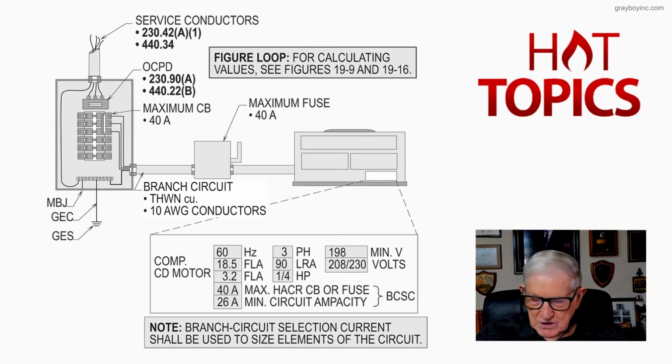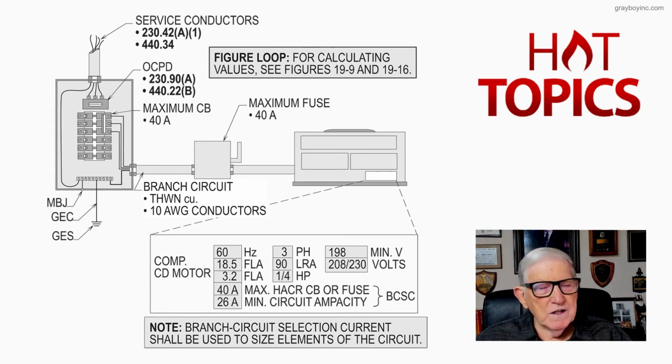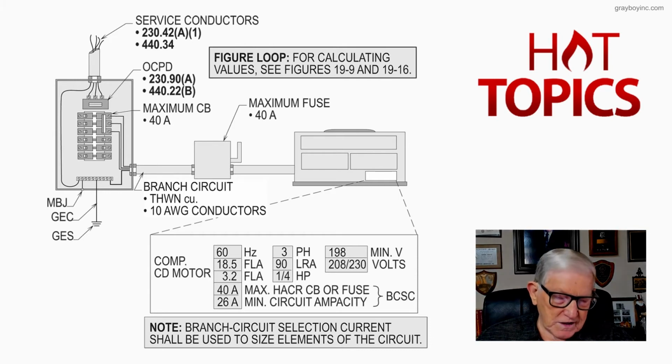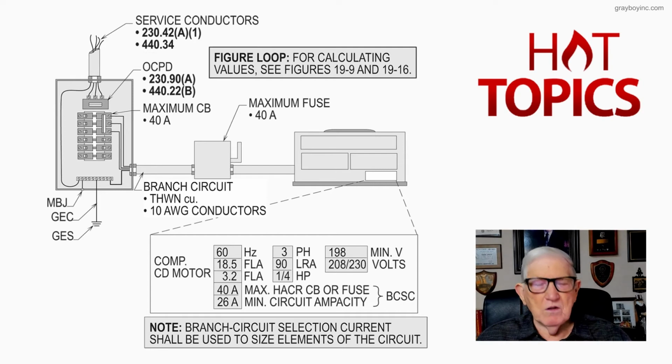So I'm going to ask you to turn in your code book with me, if you will, over to page 336, I believe it is. Yes, page 336, and on the left-hand side of the page, let's review 440.3C. The first title head on the left-hand side is Branch Circuit Selection Current.